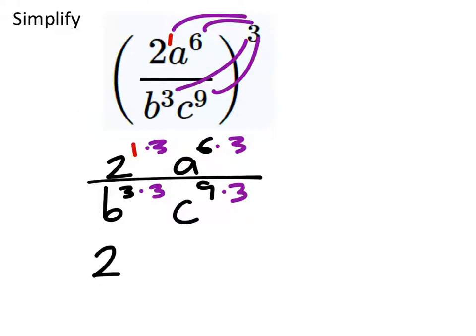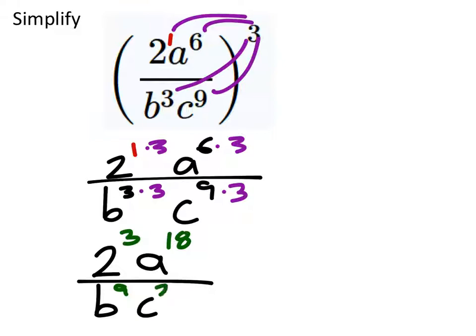So we got the 2 to the power of 1 times 3 is 3. A to the power of 6 times 3 is 18. All over b to the power of 3 times 3 is 9. Times c to the power of 9 times 3, 27. And yeah, you can do 2 to the power of 3. That's going to give you 8 if you want.